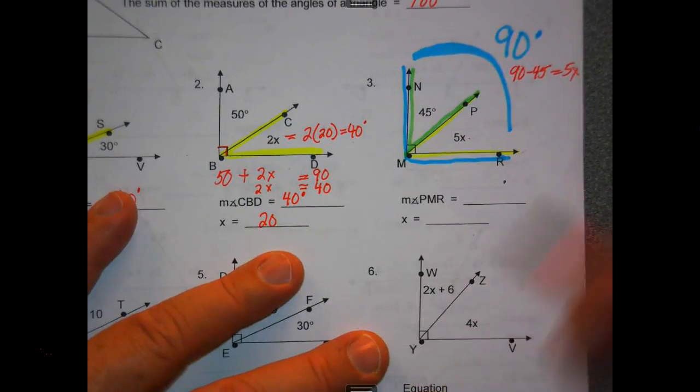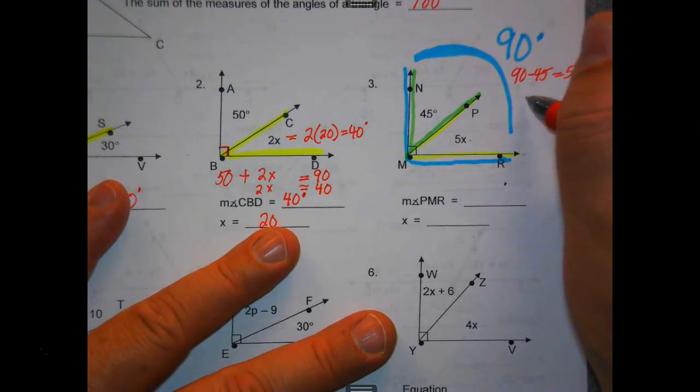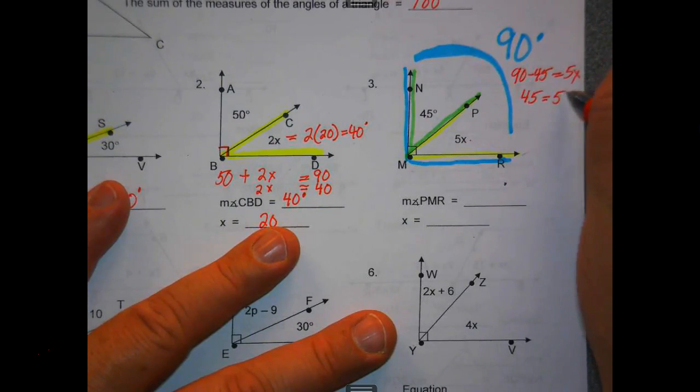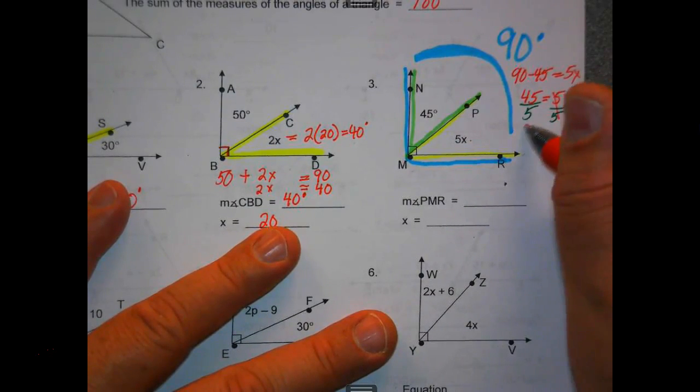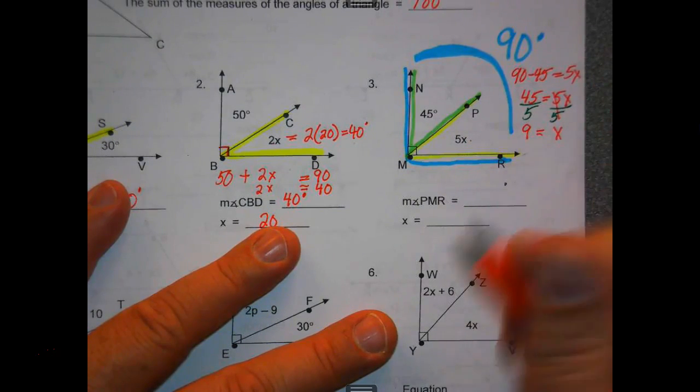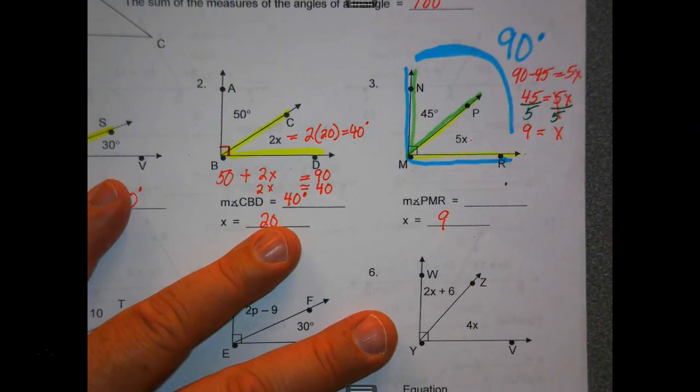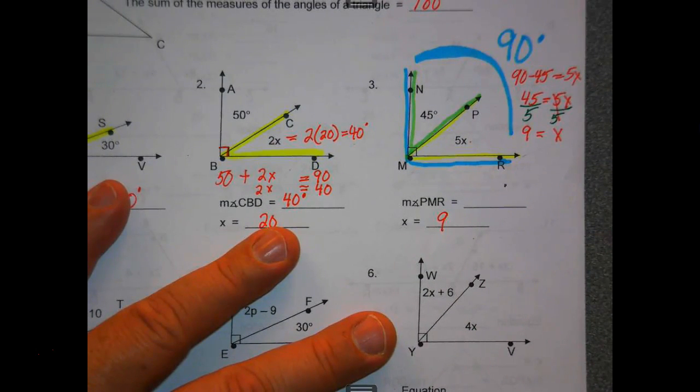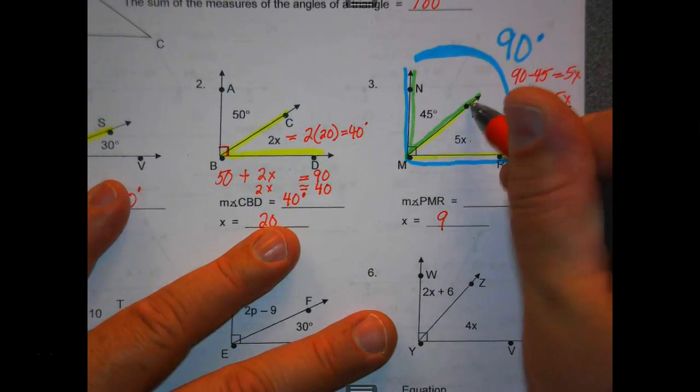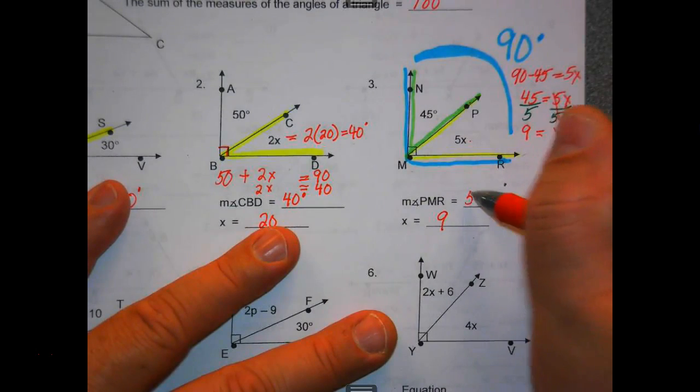So if we do it algebraically, we get 45 equals 5x. Divide both sides by 5. So x equals 9. And the angle PMR is 5x.